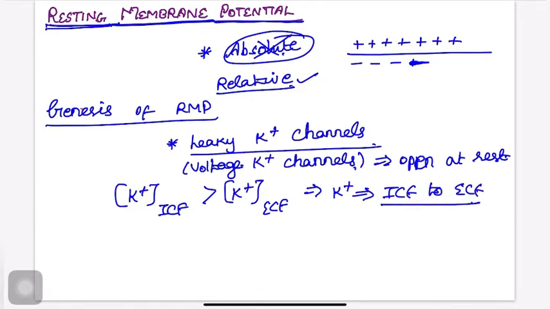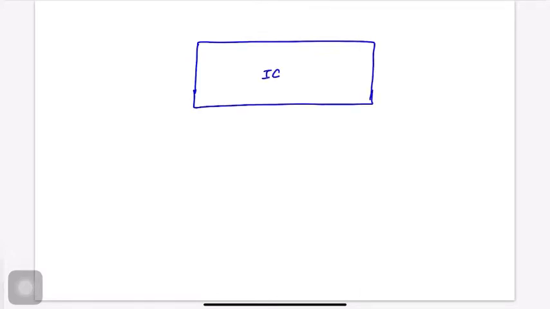Through leaky potassium channels, potassium from ICF leaks out to ECF. Let this be a cell, this is ICF and this is ECF.